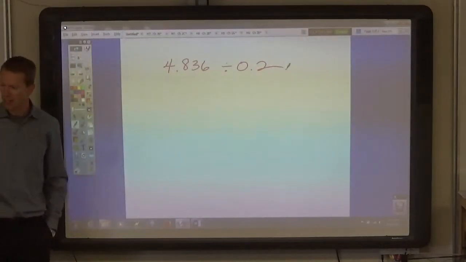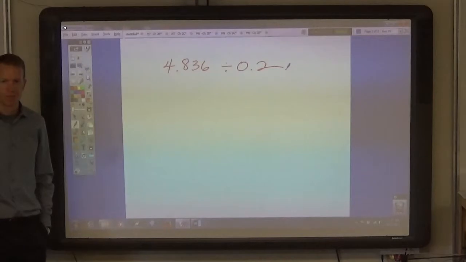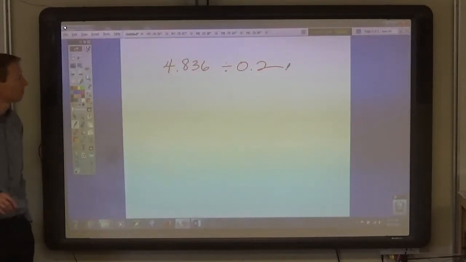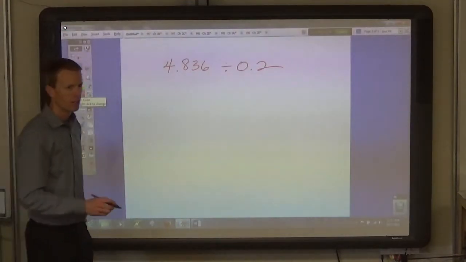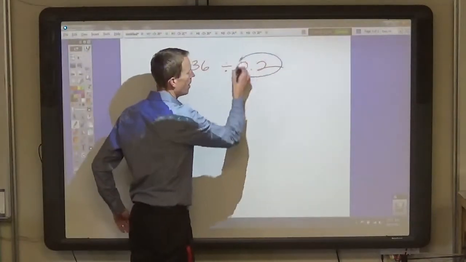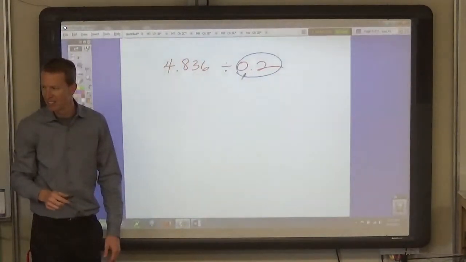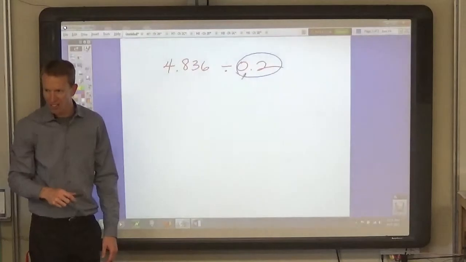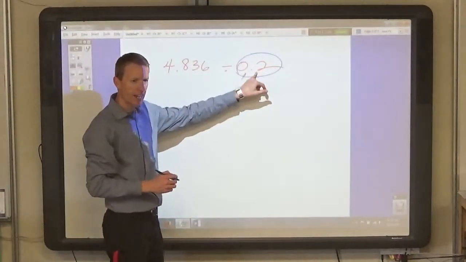Write this down as an example in your notes. Now, the divisor is the second number, right? Everybody agree? Nod your head. Is the divisor the second number, everyone? Yes. Okay, so we have to make this a whole number.